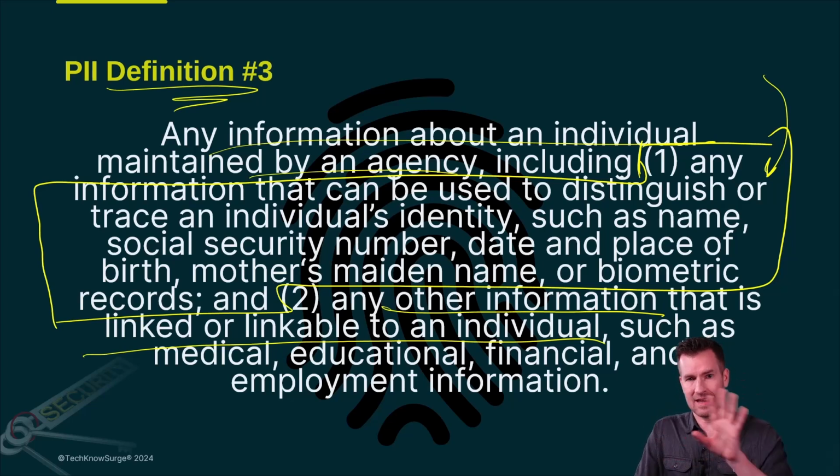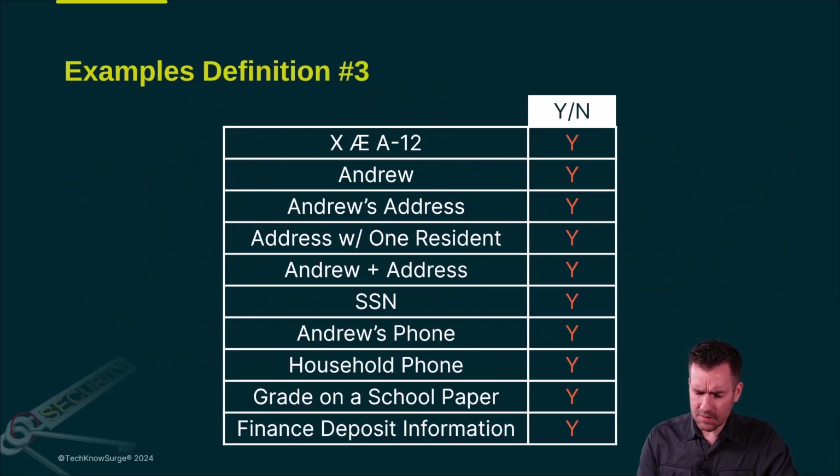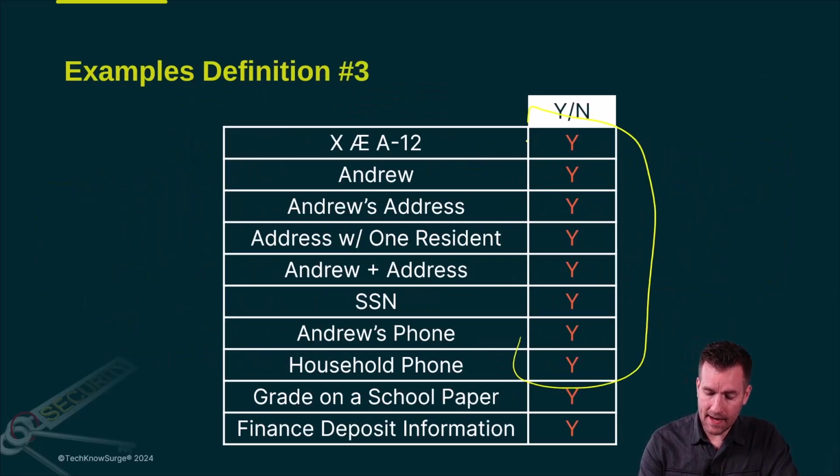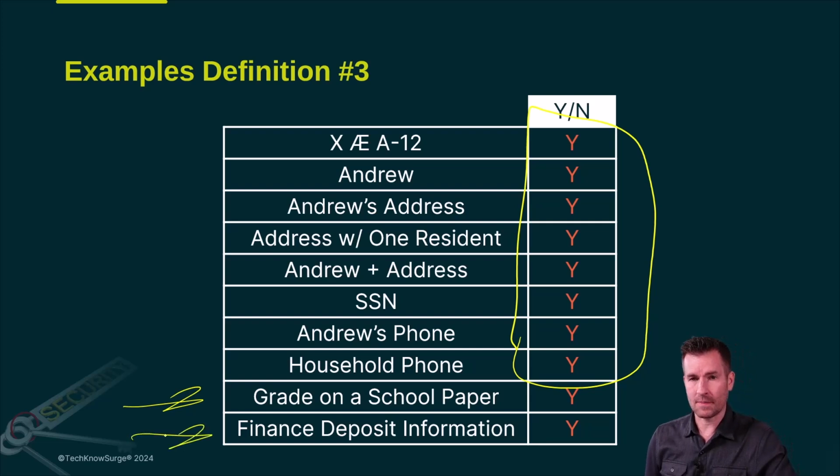It really is defined by this definition number 3. So in other words, all of those pieces of information we said were PII before are still PII in this definition, but we also include that grade on the school paper, the financial deposit. Anything that is linkable to you is now PII.